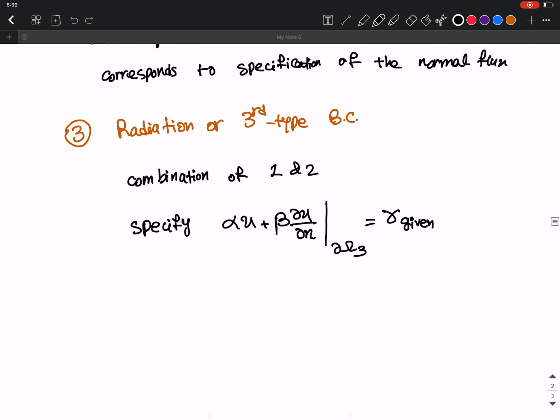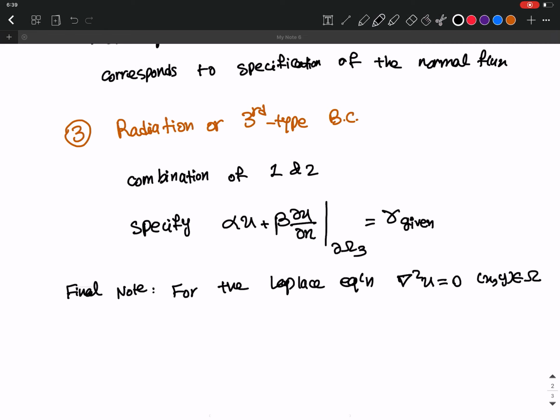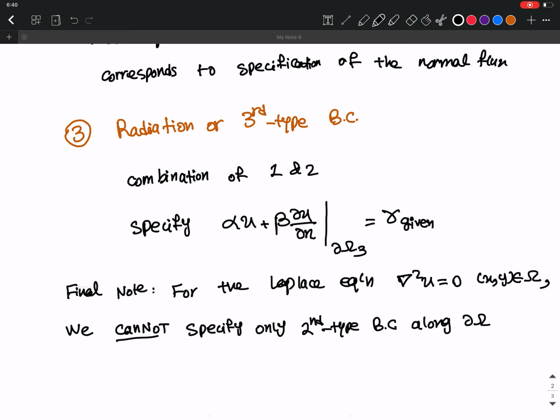Okay, just a final note here: for the Laplace equation, which is the Laplacian of u equals 0 for x and y belonging to omega, which is our domain, we cannot specify only the second type, or Neumann, boundary condition along the boundary.